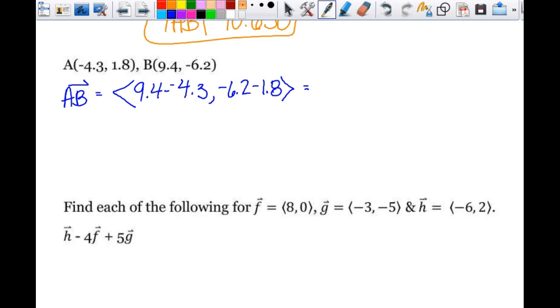So what do you get for the x value? 13.7. Good. That's positive. And then what about the y? -8. And that is vector AB.